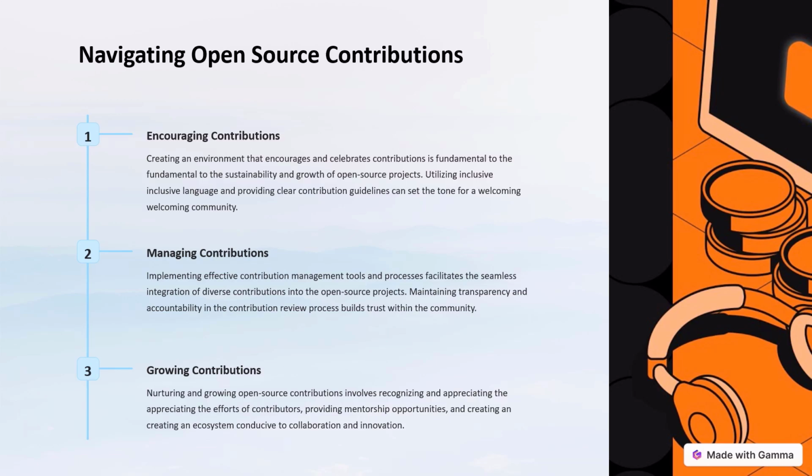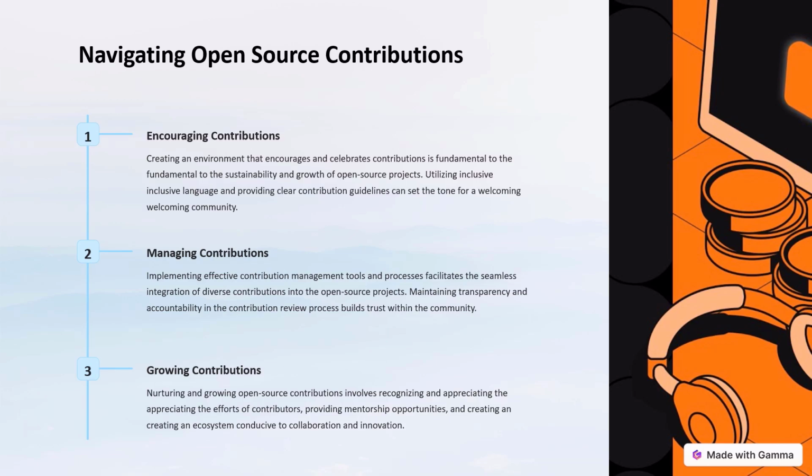Encouraging contributions, managing contributions, and growing contributions are three very important things in any environment for developers to maintain, engage, and provide growth support. Increasing contributions means creating an environment that encourages and celebrates contributions, which are essential for the sustainability and growth of an open source project.